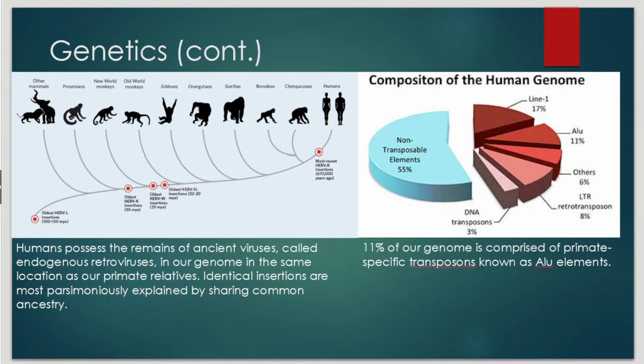Basically they're pieces of our genome that get copied and pasted over and over and over. As a result, we have copy after copy after copy of these different retroelements, like ALUs, for instance. 11% of our genome is just these repeats called ALUs, which are in all primates. Actually, I think they're in all euarchontans, so rodents, rabbits, tree shrews, colugos, and primates. We just have these sequences, and they're like partial ERVs, if I remember correctly.